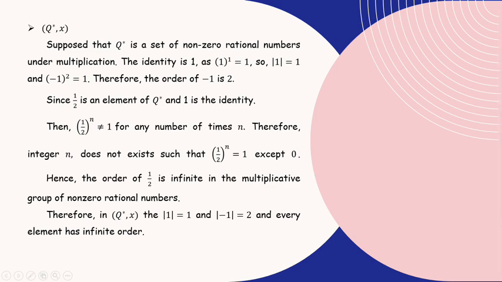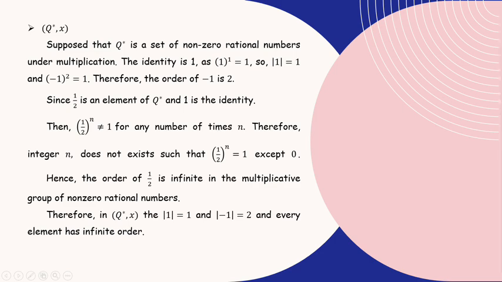Since 1/2 is an element of Q star and 1 is the identity, then 1/2 raised to n is not equal to 1 for any positive integer n. Therefore, no positive integer n exists such that 1/2 raised to n equals 1.